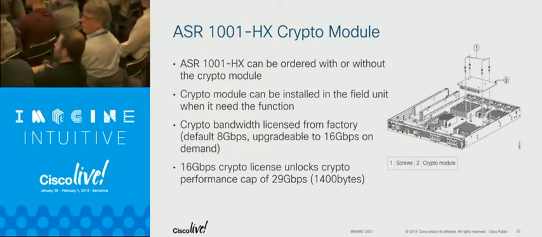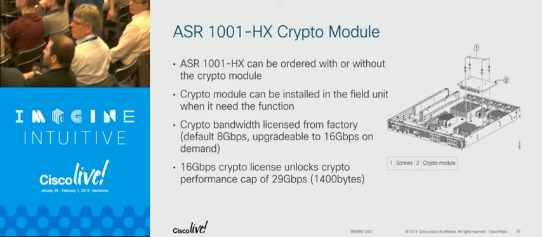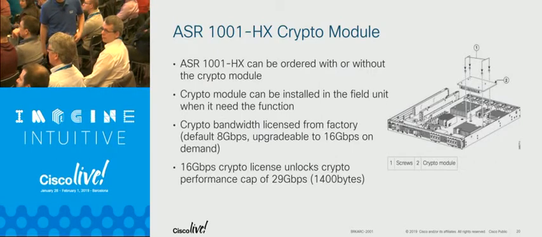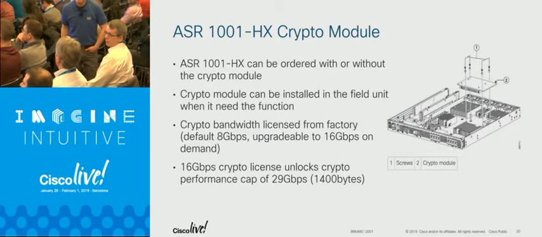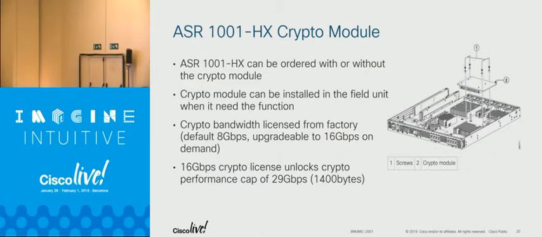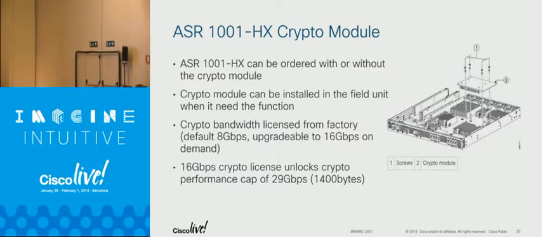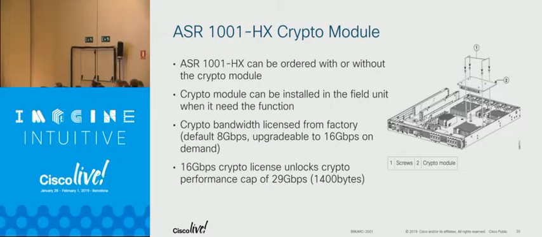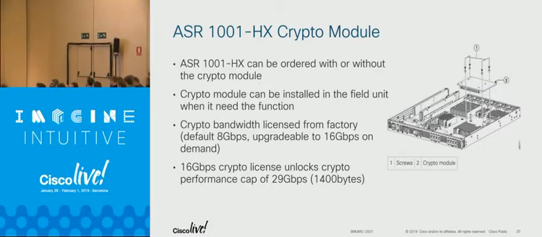So the capacity of the module, for example, this one, 100 gigs, is that line rate, or is it simulated at some packet size? Which module are you talking about? ESP100. Are the performance numbers you're giving at a certain packet size, or is it just line rate? Good question.